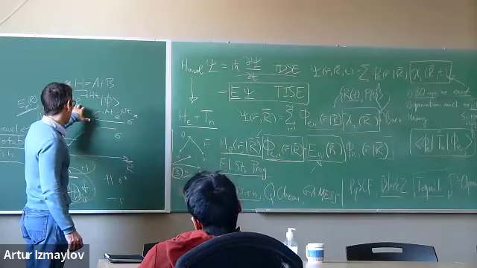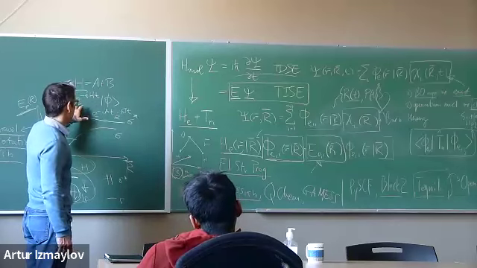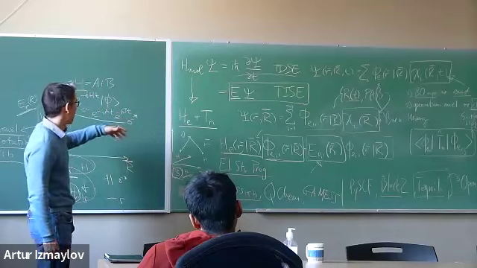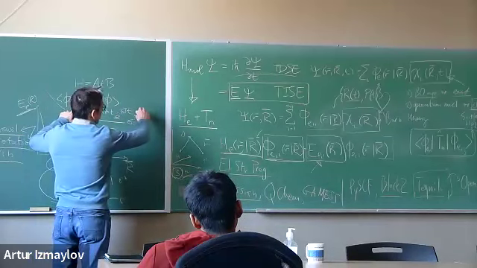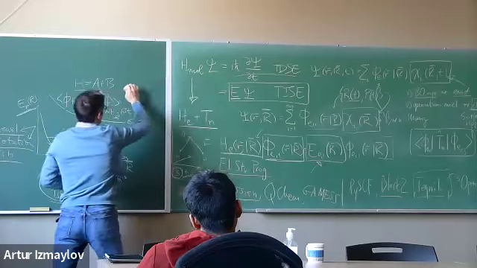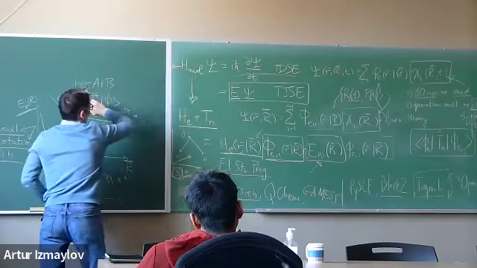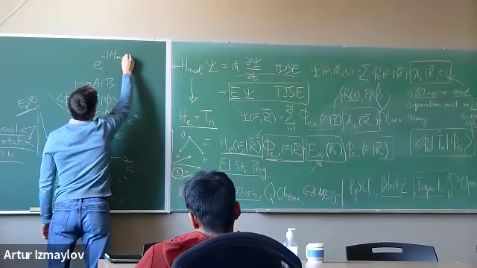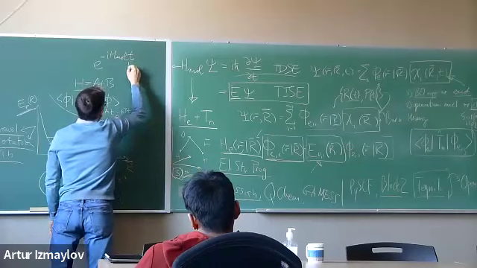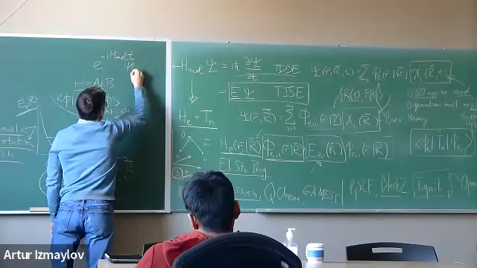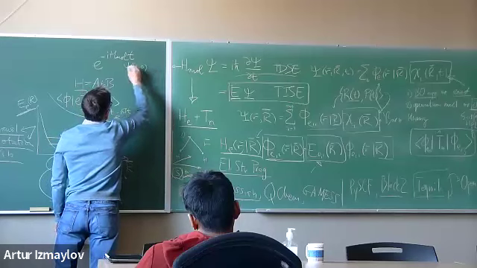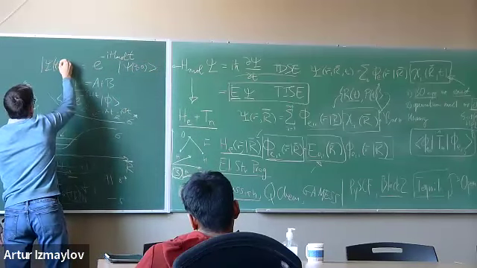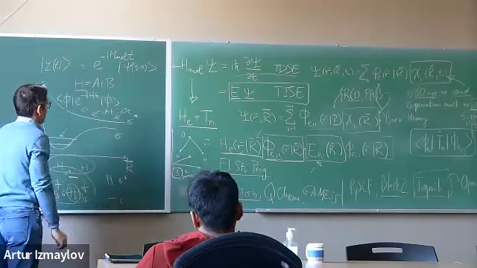Also, we can use the Trotter approximation not to solve the eigenvalue problem, but to solve the dynamics problem. Because to solve the time-dependent Schrödinger equation, the formal solution is e^(-iH_molecular t) acting on psi at t equals 0 to produce psi at some different t, right?